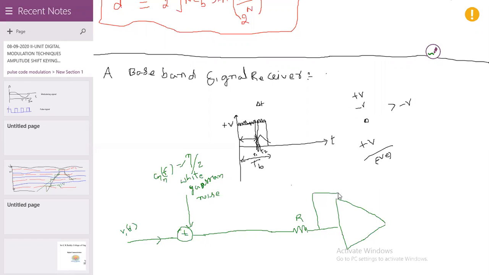Here a capacitor is there. Capacitor, and here the switches are present.